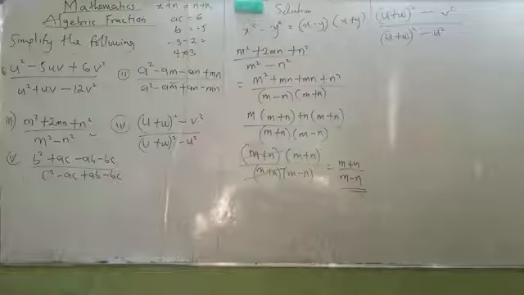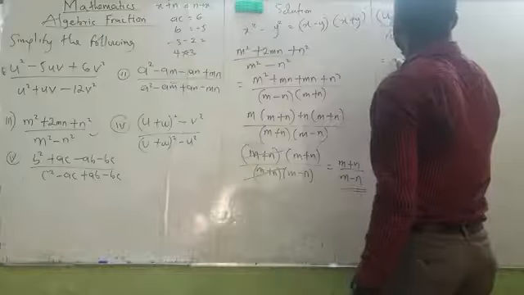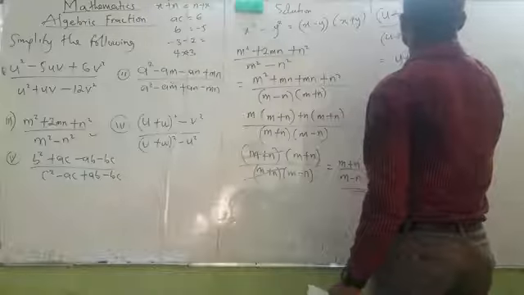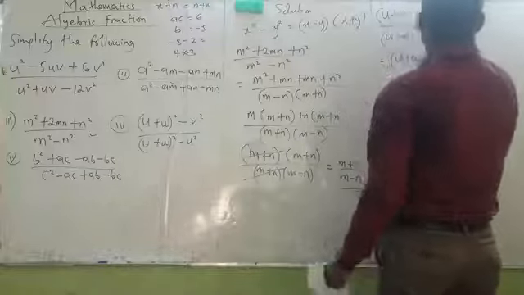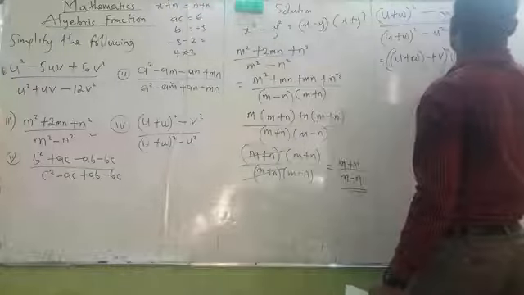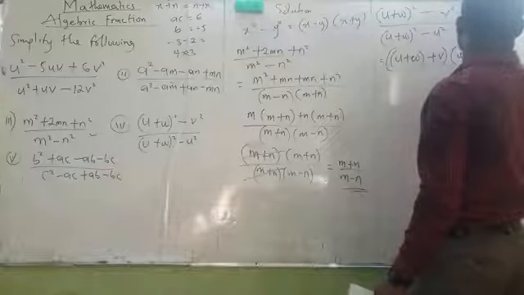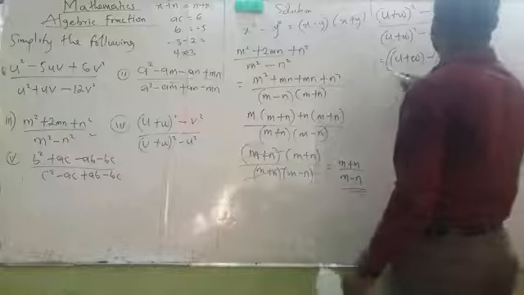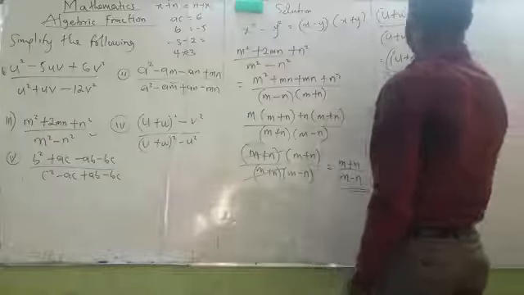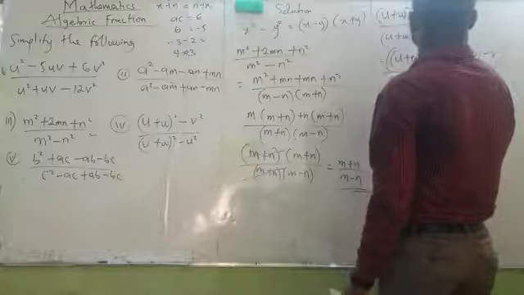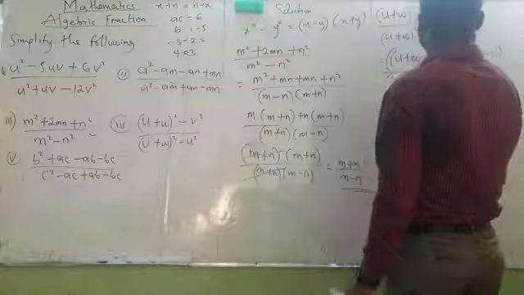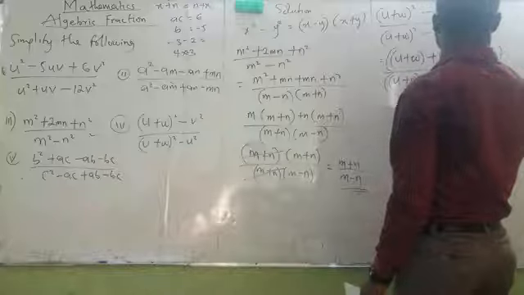You come down and you go the way you're supposed to go, which is by having u plus w plus v and u plus w minus v divided by v plus w minus u and v plus w plus u.